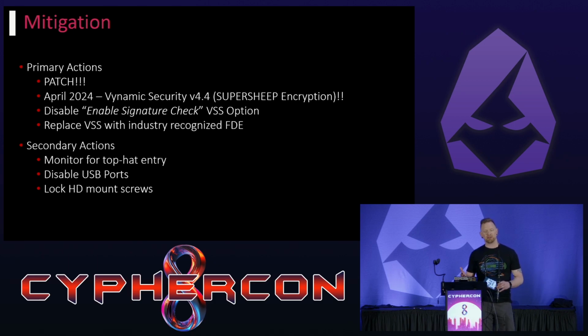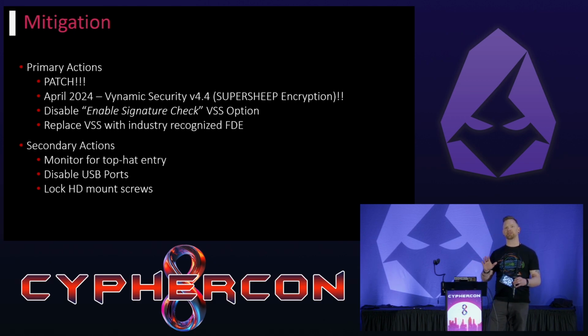In addition to that, there are several ancillary controls that can be done as well. Monitor the system for malicious top hat entry, and ensure unused USB ports are disabled and don't provide a vantage point to access the system. A lot of the time, on some of the ATMs, the hard drive is really easy to move.